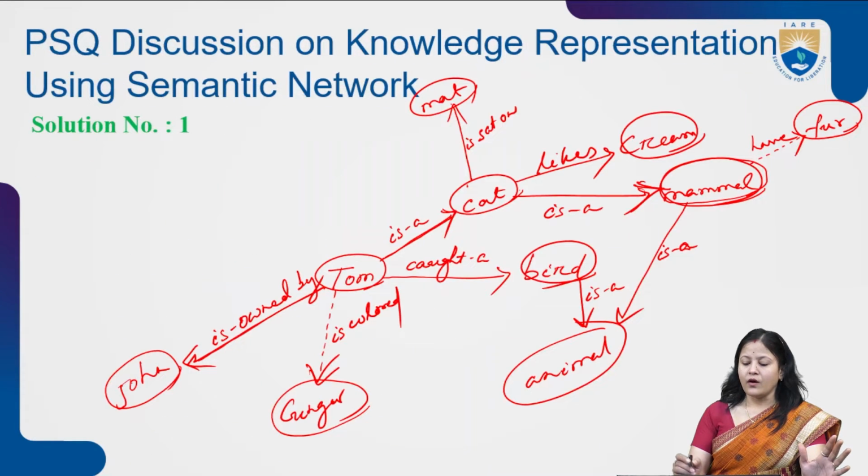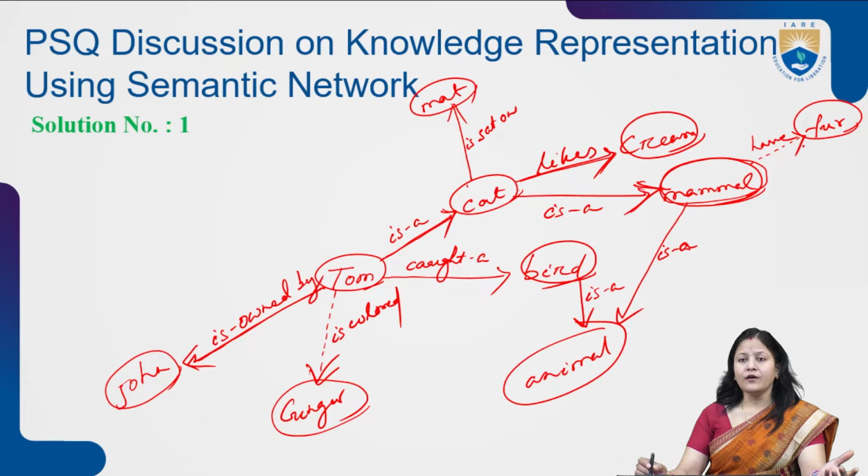All the elliptical symbols are the classes or subclasses, the arrow mark represents the relation between the classes and subclasses, and the dotted arrow mark represents the attribute of the class, like mammals have fur and Tom is ginger in color. These are the 2 attributes. I hope you have understood this semantic network diagram.